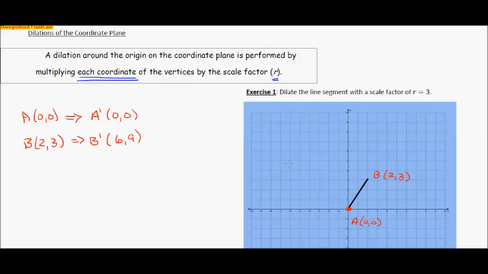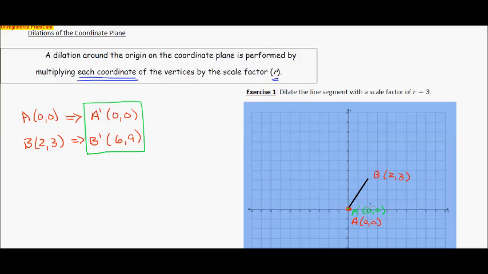So I can go over here, and maybe I'll switch over to green to draw this one in. I can graph this set of points right here, which is the image of my original line segment. A prime is going to also be at 0, 0, and B prime is going to be at 6, 9.